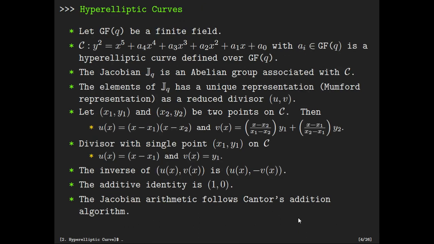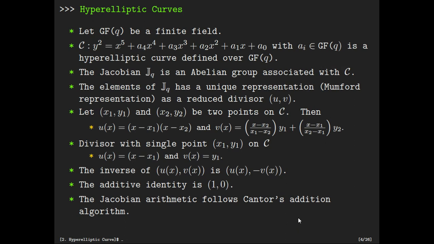So what are hyperelliptic curves? A hyperelliptic curve is defined by an equation C: y squared equals f(x), where f(x) is a degree 2g plus 1 polynomial. Here we are dealing with genus 2 hyperelliptic curves. Therefore, our 2g plus 1 is 5.